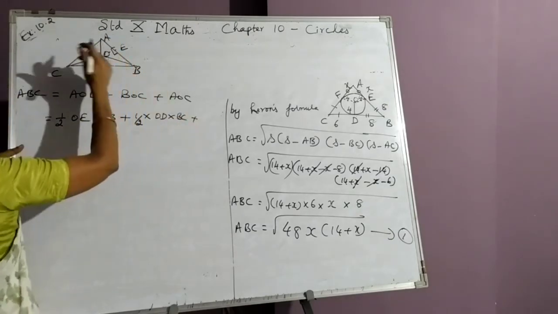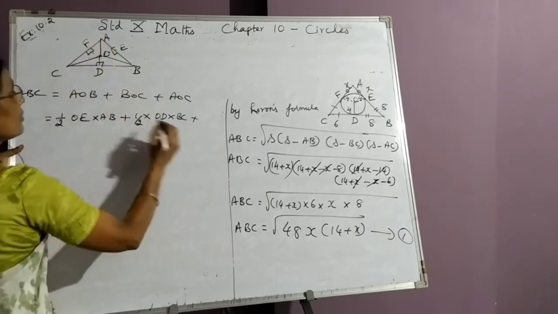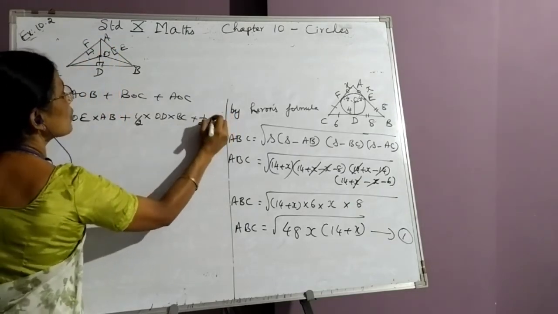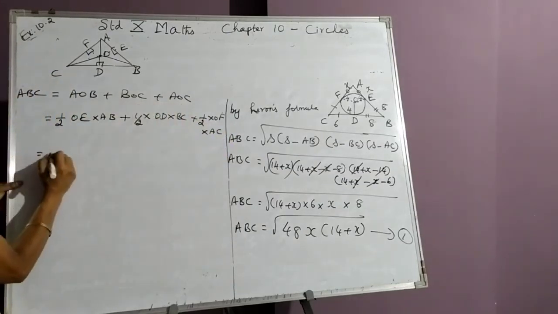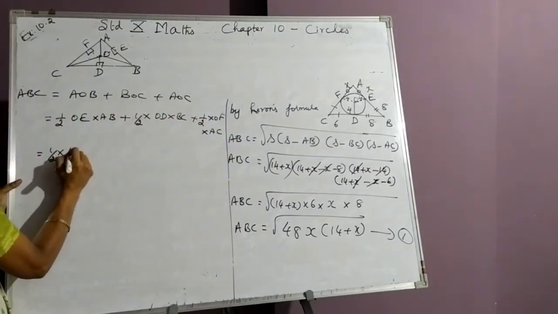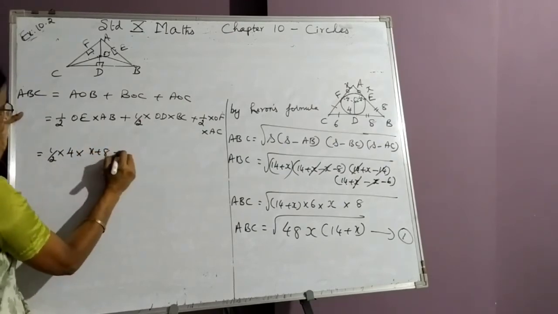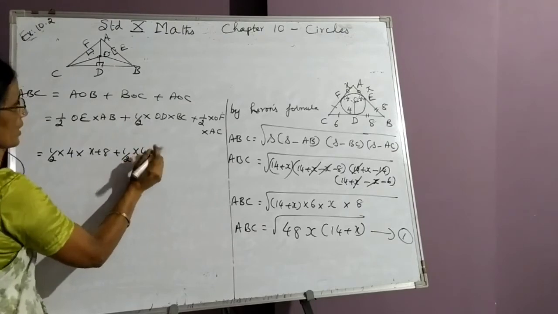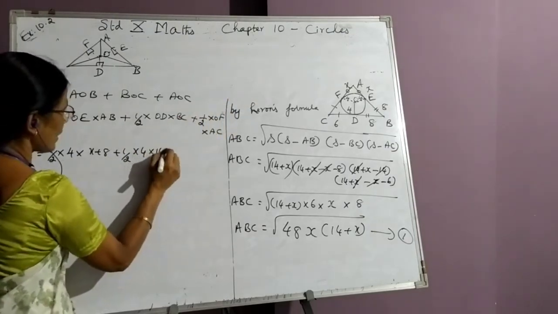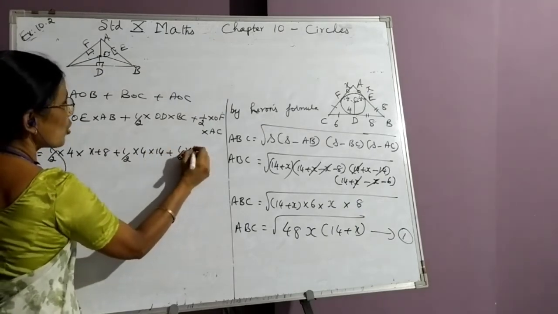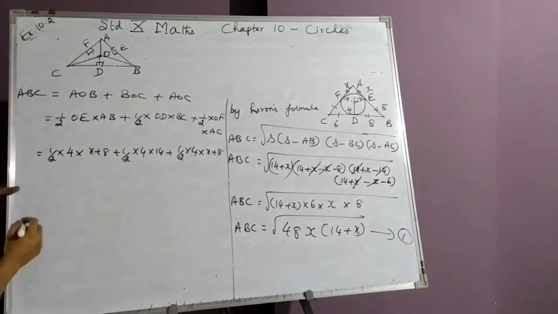In triangle AOC, OF is the perpendicular. Therefore, half into OF on AC. So half is common. We know OE is 4 and AB is x plus 8. OD is 4, the radius of the circle, and BC is 14. Half into OF, which is also 4, into AC.